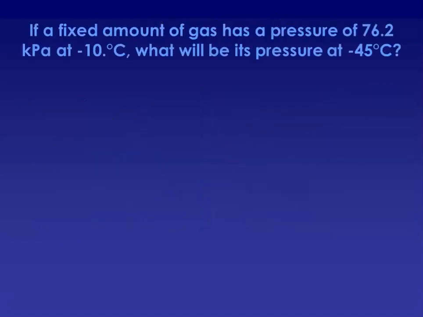So here we have a fixed amount of gas, has a pressure of 76.2 kPa at negative 10 degrees. What will its pressure be at negative 45 degrees Celsius? So our temperature is decreasing, so our pressure should decrease as well to account for that change in temperature. So again, looking at our linear relationship, we want to find P2.